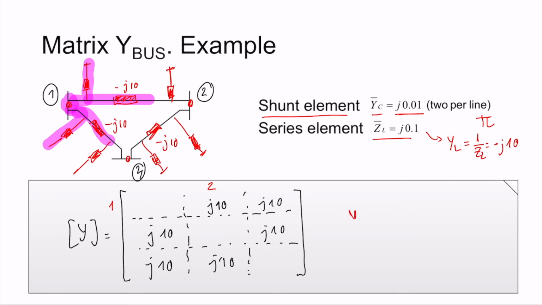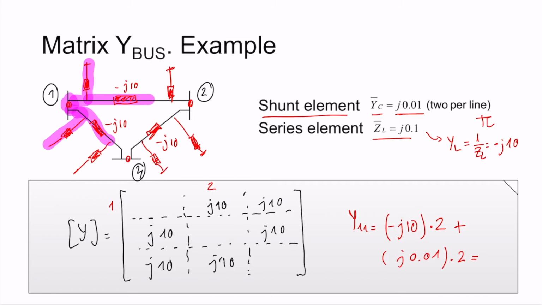So y11 will be equal to minus J10, multiplied by 2 because I have 2 of this element, plus I have 2 shunt elements, and those shunt elements are J0.01. Remember, this is a complex number. So I have 2 of this element, then I need to multiply by 2.